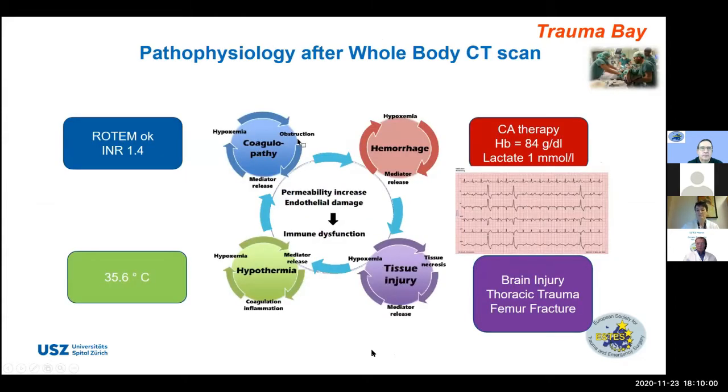And then we also got the lab. The ROTEM is okay. INR 1.4. We looked at the temperature before. You can see that hemoglobin is rather low already, despite the short rescue time. Catecholamines are given, and as far as these 4 cycles go, the tissue injury seems to be substantial.